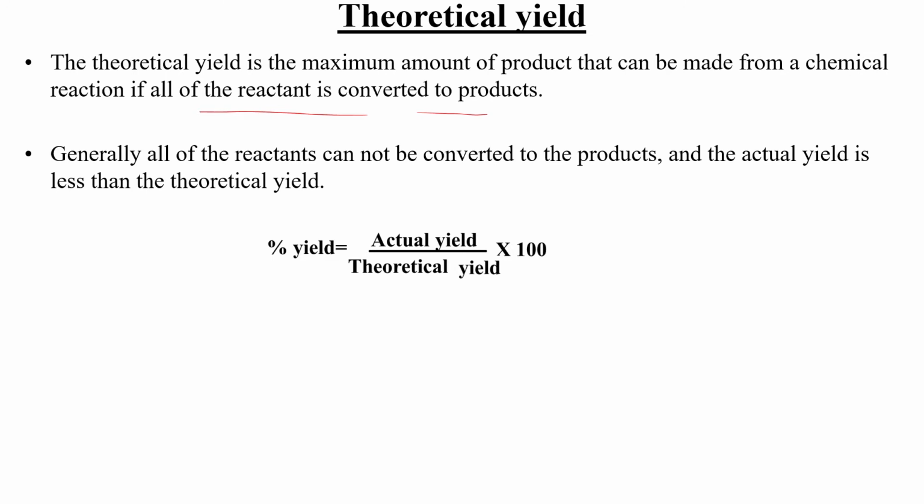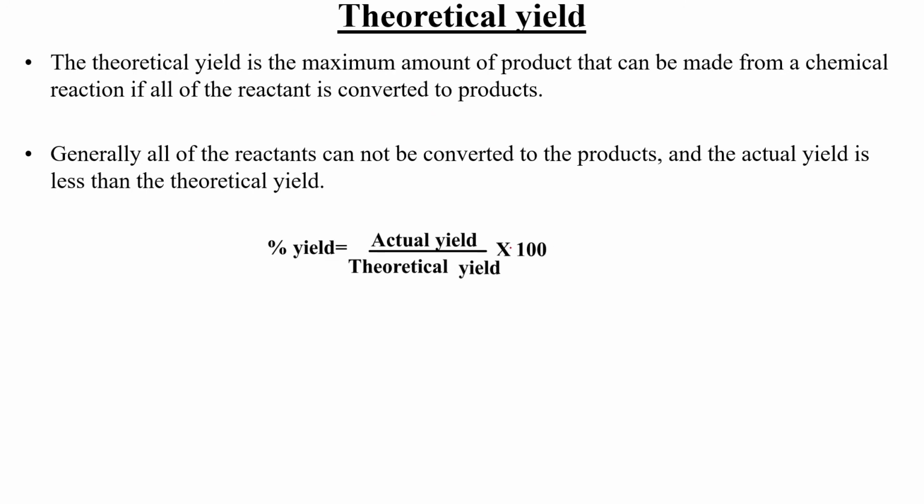You have done many experiments in this course. One of the experiments that we did is the separation of salt and sand, and you know that it was very difficult to separate a pure product. A mixture was given, and the goal was to separate the components of the mixture. So you lost some of the product during the purification process.